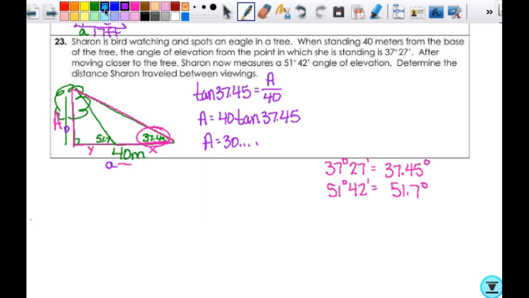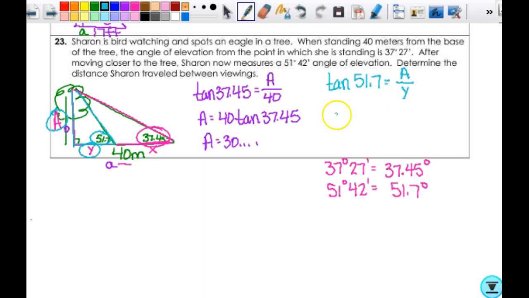So now that I have that, I can use this triangle here. I have this number, I have this angle, and I can find y. So it's tangent again. So it's the tangent of 51.7, that's equal to the opposite, which is A, which is stored in my calculator, over the adjacent, which I don't know, which is y.